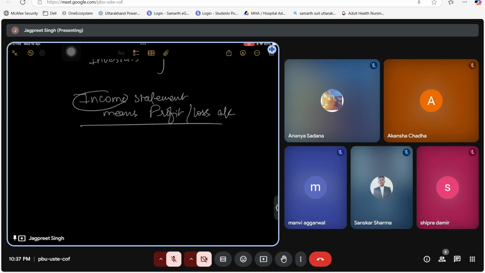That's why this statement is called the income statement. But there is some difference between a statement and an account. We are saying income statement for a particular statement, not a particular account. These days, we are using another format of the profit and loss account, and we write it as statement of profit and loss.